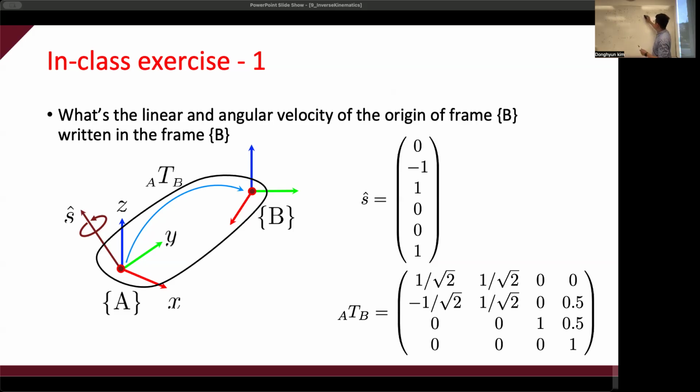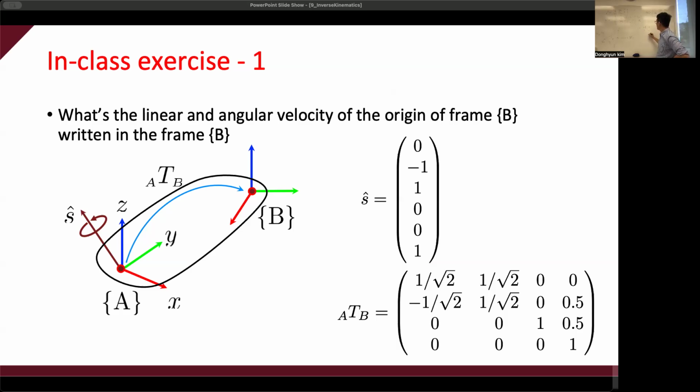Okay, to calculate the linear velocity, we need omega cross product P, right? And here is the P. What we need is this one. And then we're going to take the omega cross product of P first to get the linear velocity of the frame B because of the angular velocity. So omega is x is 0, y is -1, z is 1.